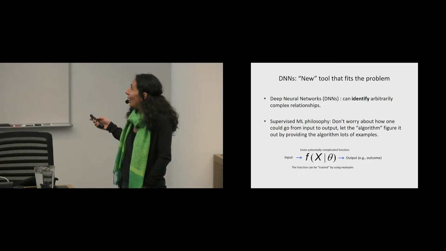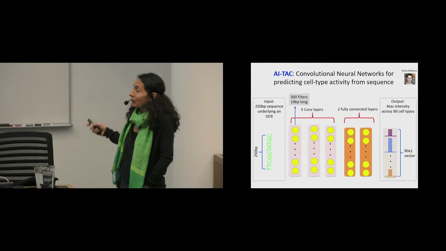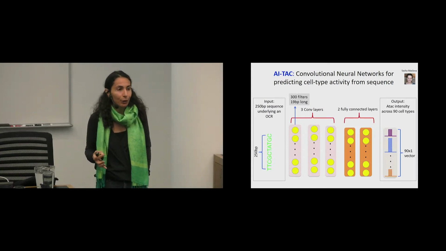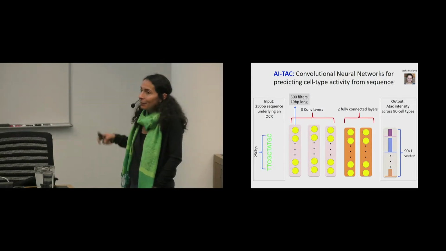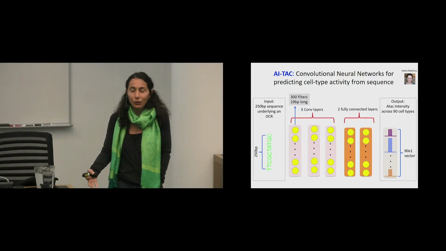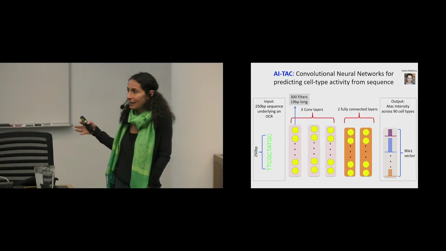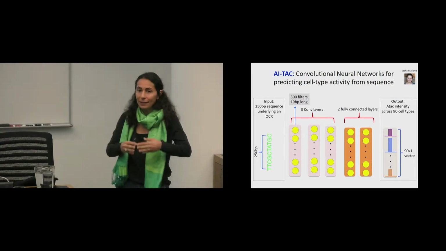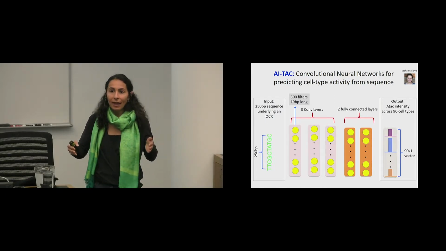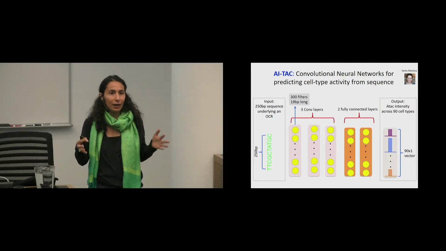So what we decided to do was try to see how well a convolutional neural network will work in this case. What we have here is basically a similar type of formulation to what I showed you initially, but let me elaborate exactly how we do this. We take sequences that underlie each peak, and we've constrained our algorithm to find peaks that are about 250 base pairs long.